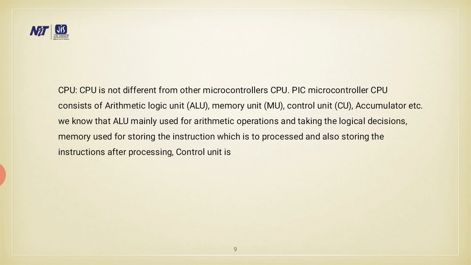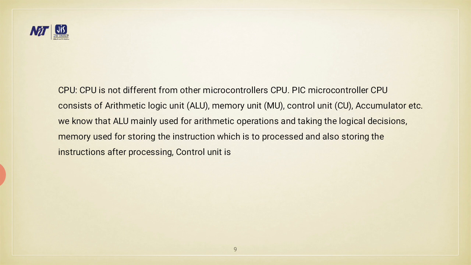CPU is not different from the other microcontroller CPU. PIC microcontroller CPU consists of arithmetic logic unit, memory unit, control unit, accumulator, etc. We know that ALU mainly used for arithmetic operation and taking the logic decision.